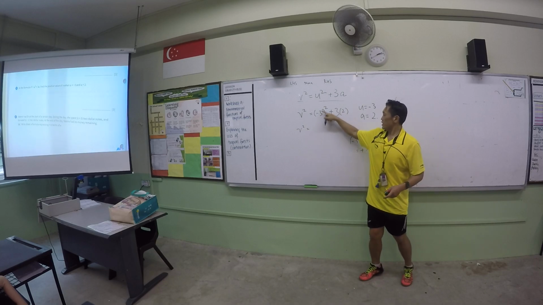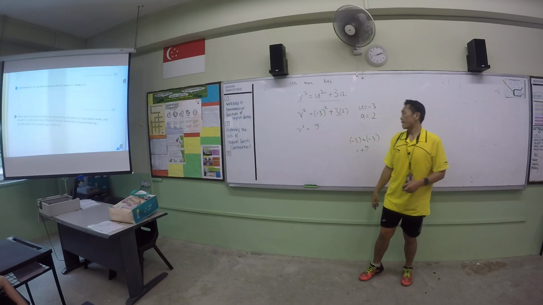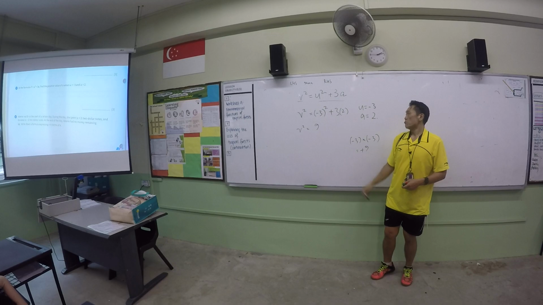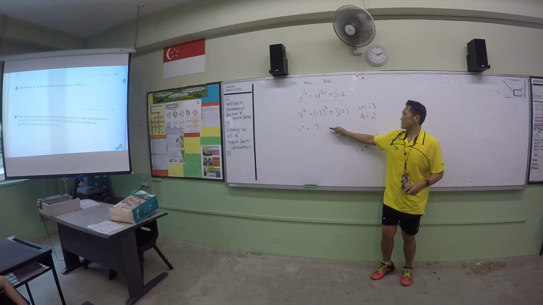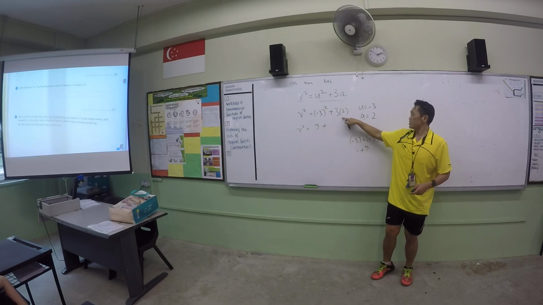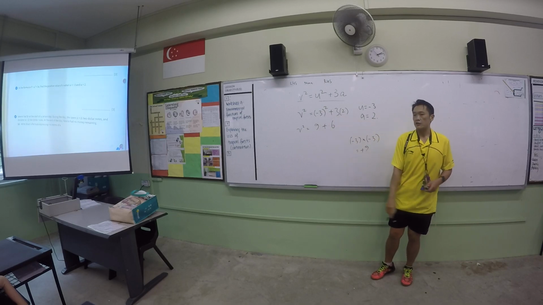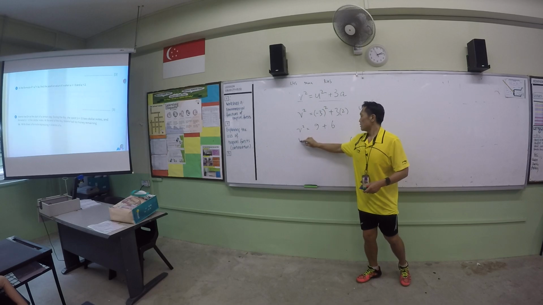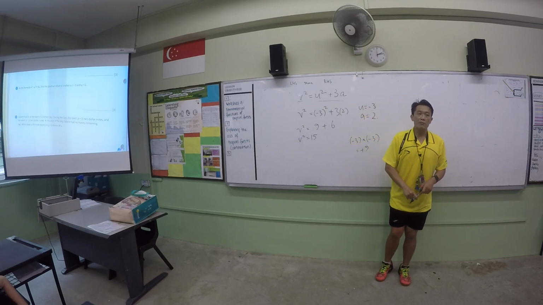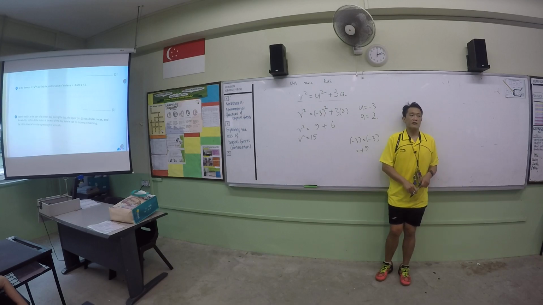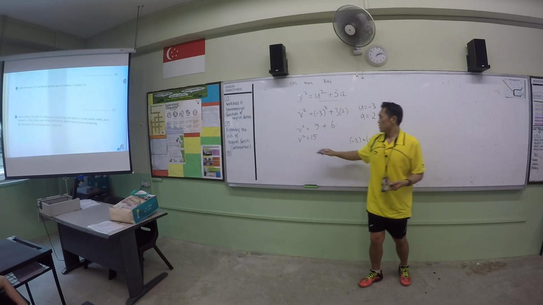So -3 after being squared is 9. Plus 3 times 2. Multiplication comes before the plus, so we have to multiply first. 3 times 2 is 6. B squared is 15. The meaning of square is what thing multiplied by itself.